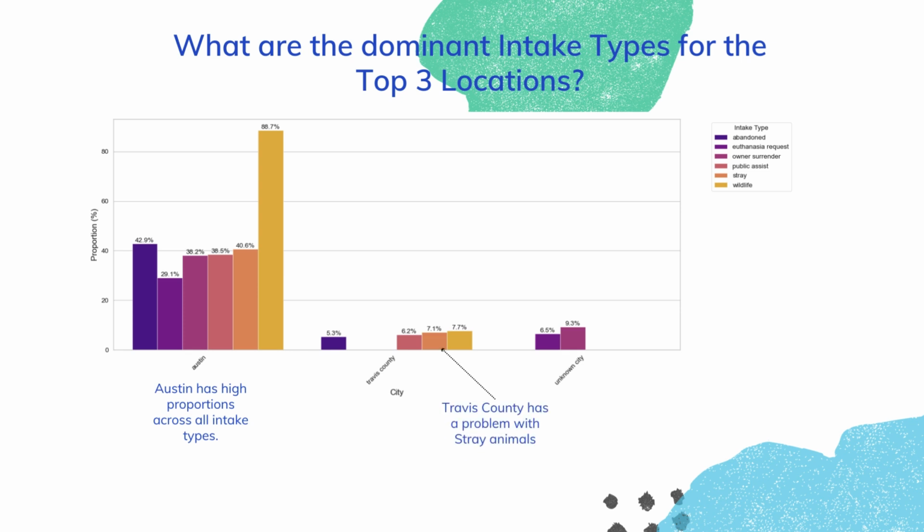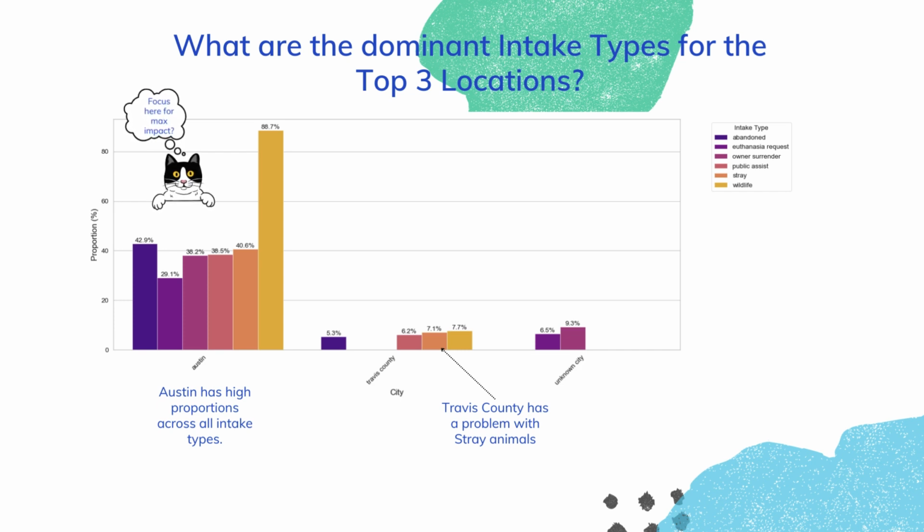With Austin, you can see it has high proportions across all intake types, whether it be abandoned, stray, euthanasia request, public assist, etc. Travis County, however, has a problem with stray animals, followed by owner surrender. So we'll be looking into this a bit more as we proceed into our analysis.